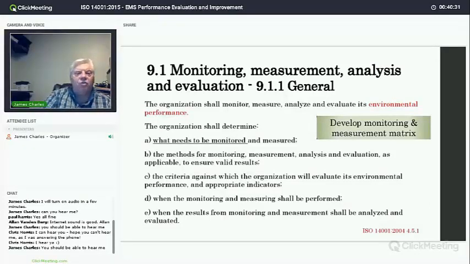So the organization shall determine what needs to be monitored and measured, the methods to ensure valid results. I guess that's better than invalid results. The criteria against which the organization will evaluate its environmental performance. So for every performance measure, we have to have an indicator. Now the indicator does not have to target improvement. It's just, this is what we're striving for.